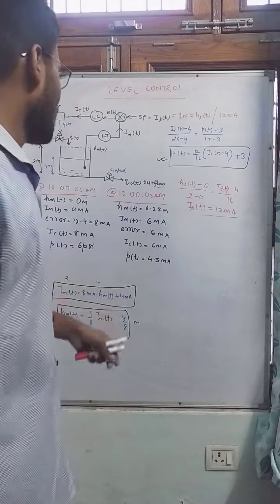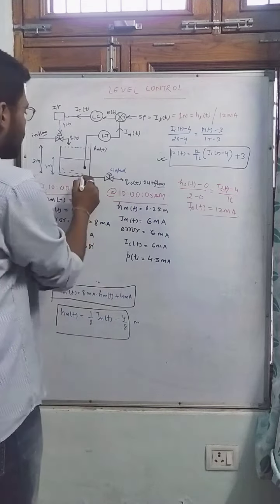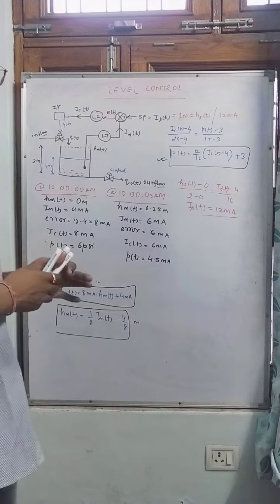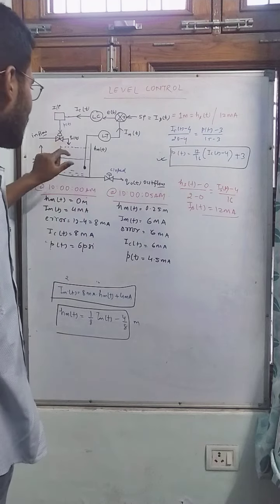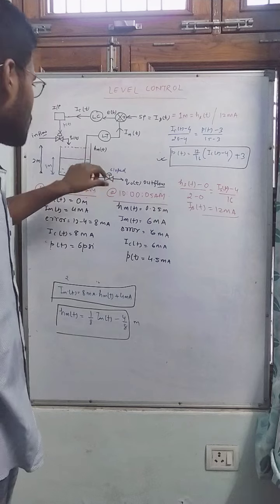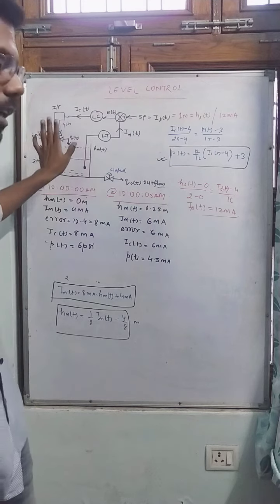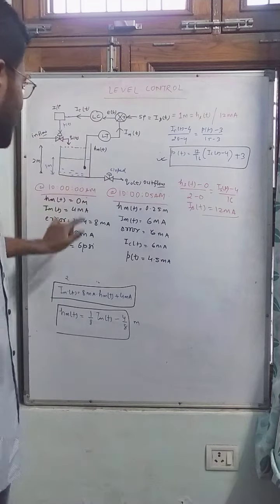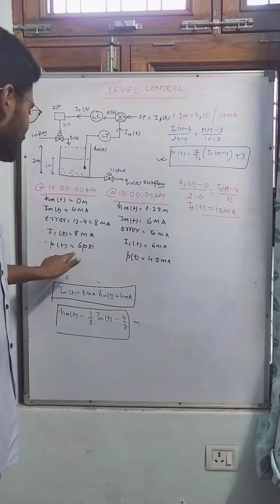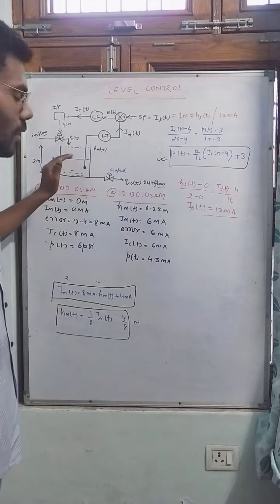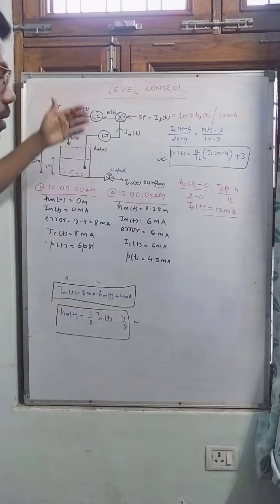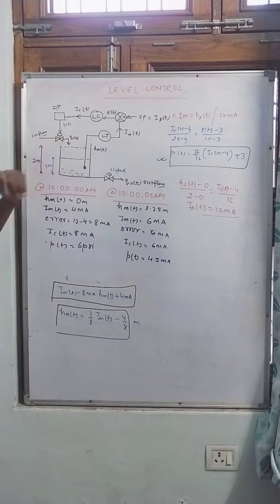So 4.5 psi. Now as soon as the tank starts filling, this valve will be slightly closed. Why? If it continued to be open as it was, it may happen that the level will go beyond 1 meter.